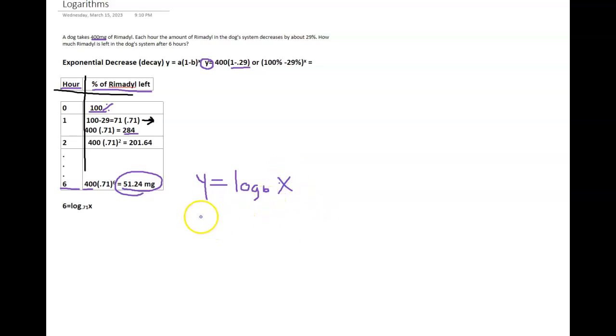Basically what that says is y equals the log of x with a base of b. So our y is actually our power. All this is saying is b to the y power.